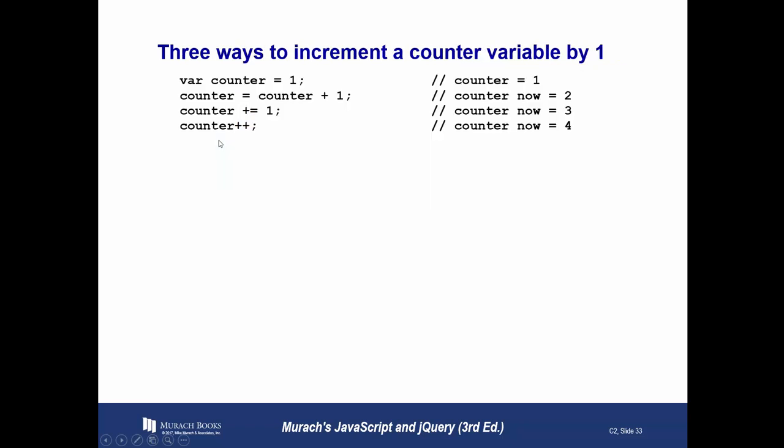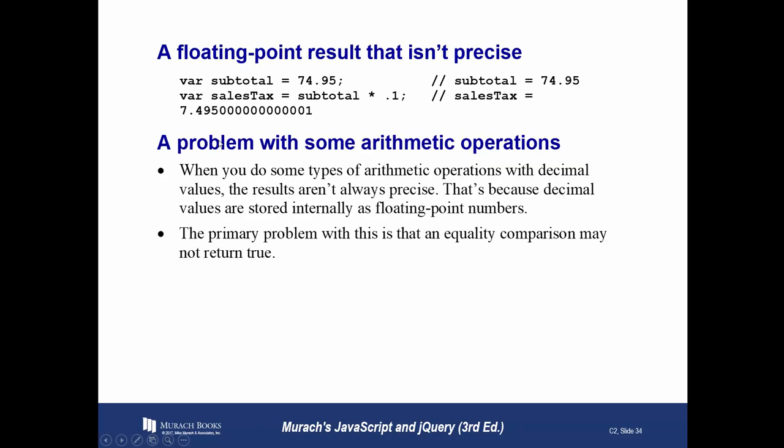This is a little bit of a confusing slide here, but this shows adding 1 using the assignment operator and using what's called the postfix increment operator. We're going to look at all of these as we go by.